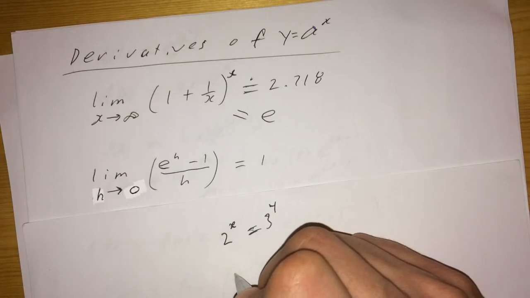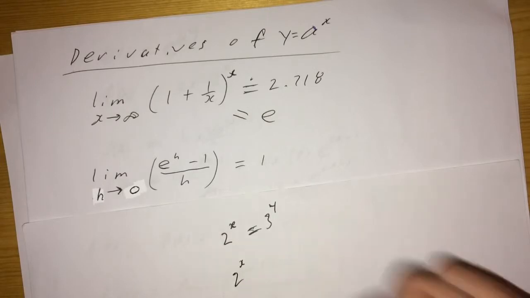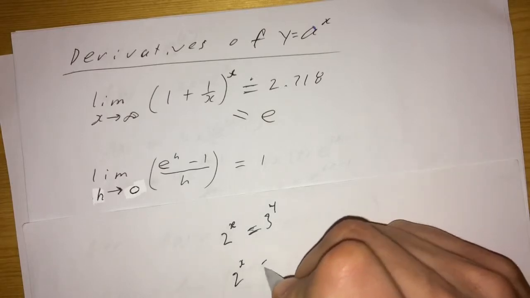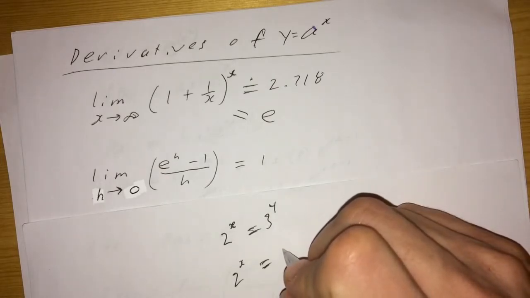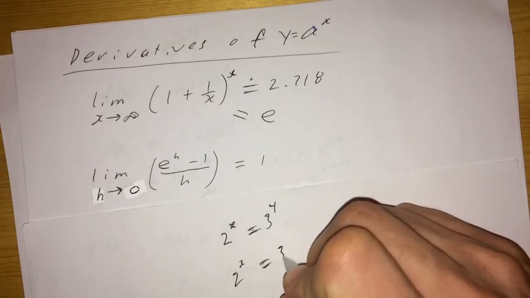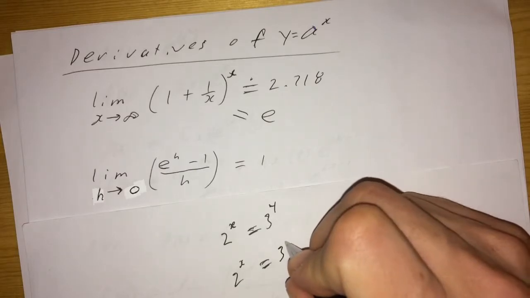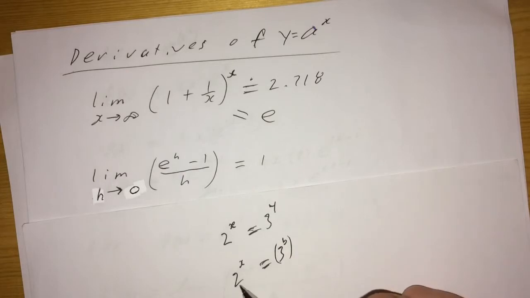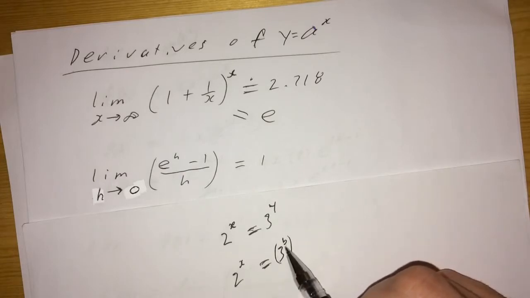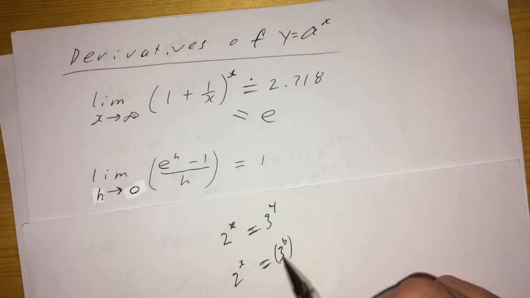Say you have 2 to the x, and you want to write it with a base of 3. Well, there is an exponent b that makes 3 to the b equal 2.